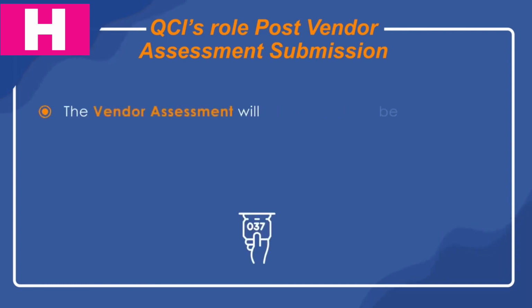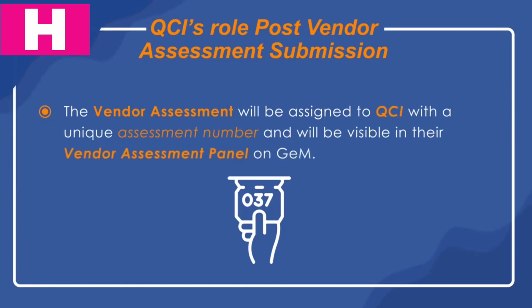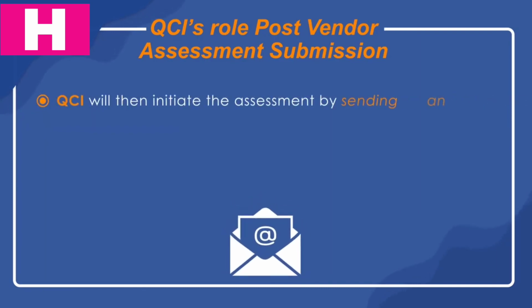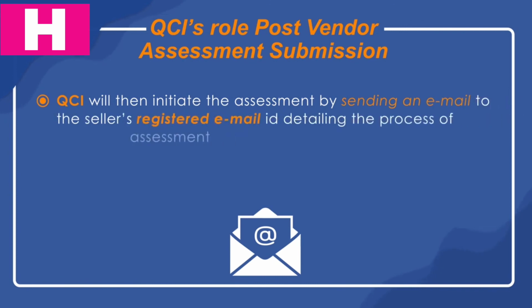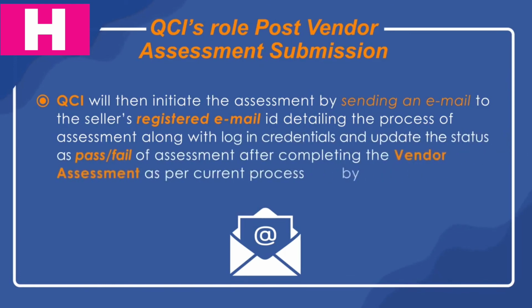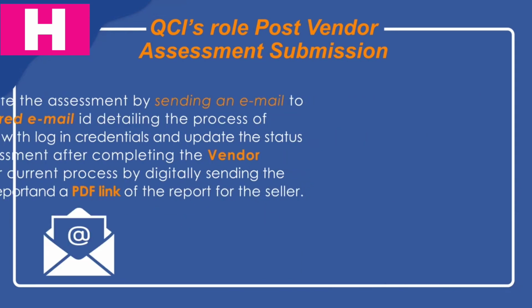The vendor assessment will be assigned to QCI with a unique assessment number and will be visible in their vendor assessment panel on GEM. QCI will then initiate the assessment by sending an email to the seller's registered email ID detailing the process of assessment along with login credentials, and update the status as pass or fail of assessment after completing the vendor assessment, as per current process, by digitally sending the parameters of the report and a PDF link of the report for the seller.